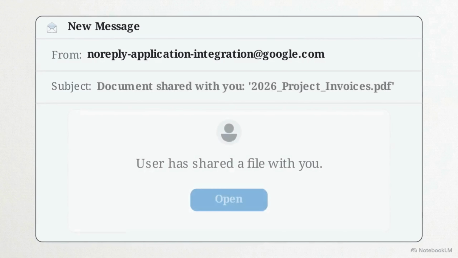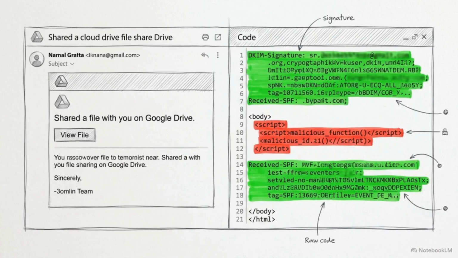To maximize credibility, the attacker pairs this authentic origin address with the standard recognizable formatting of a Google notification, like a file share or voicemail alert. By operating completely within Google's tenant architecture, the attacker weaponizes the platform's trusted reputation to establish a perfect cryptographic disguise.